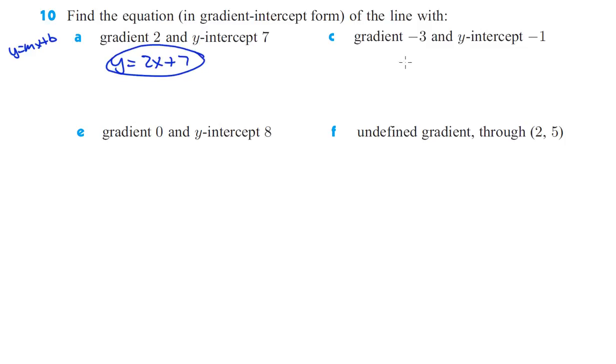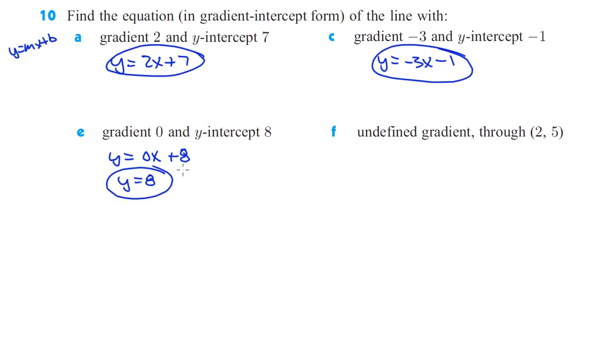Done. C, y equals negative 3x minus 1, because there's your slope and there's your y-intercept. Okay? Y equals, it's got a slope of 0, so it's 0x plus 8. So the best answer for that, since 0 times x is 0, should just be y equals 8.